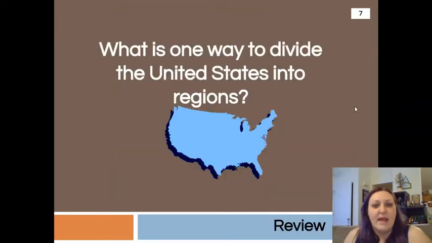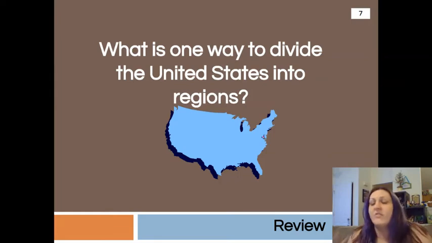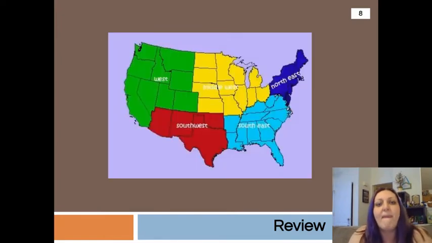Now that you kind of have an idea of what I'm talking about when I say we're going to divide into regions, let's take a look at how to divide the United States into regions. There's a couple different examples about ways you can divide the United States into regions. So we can divide the United States into regions based on direction. So if you look at this map here, we have our cardinal directions.